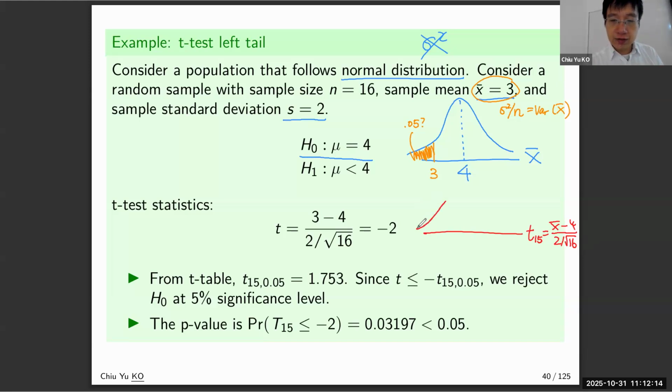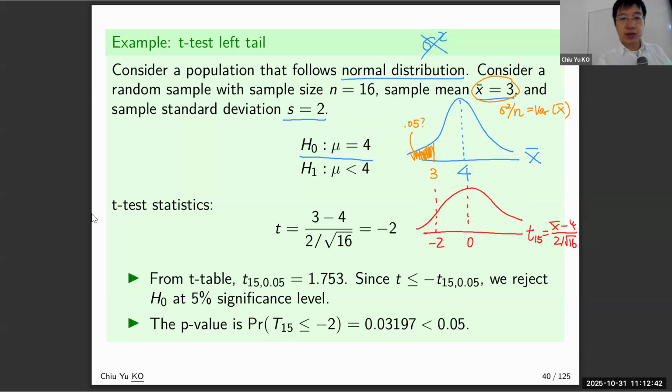And if you do this operation, 4 becomes 0, 3 becomes negative 2, because 3 minus 4 is negative 1, so 1 below, and the SD is half, so 1 over half is 2. So this is 2.